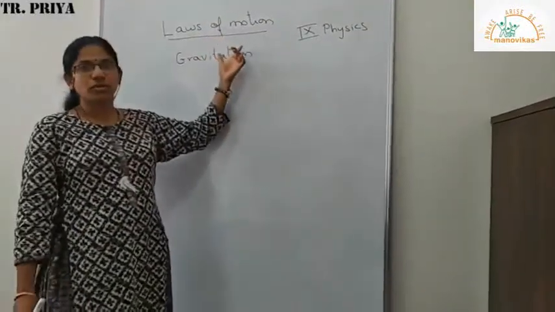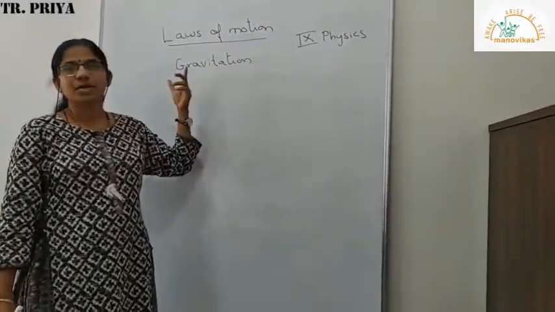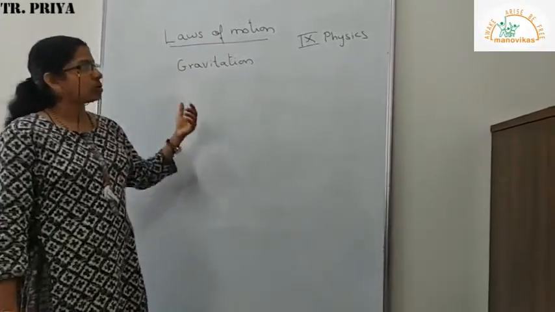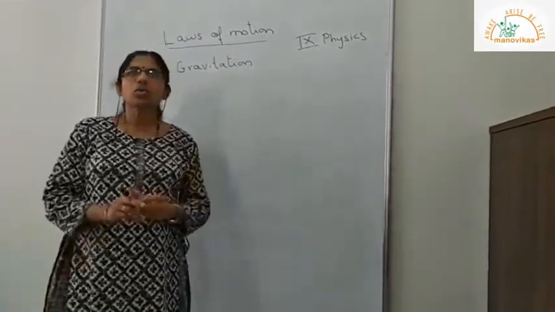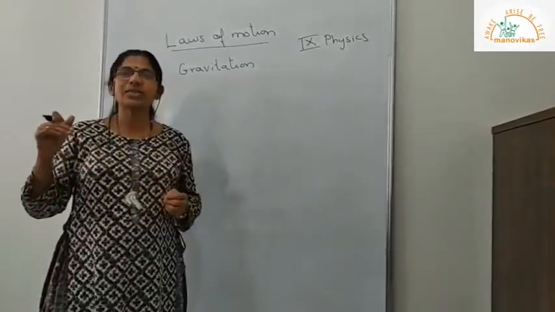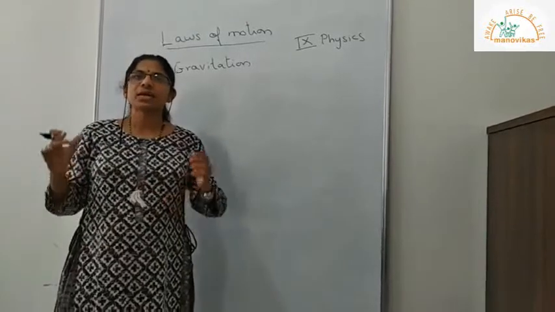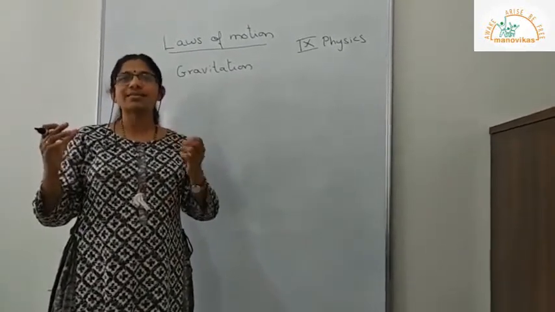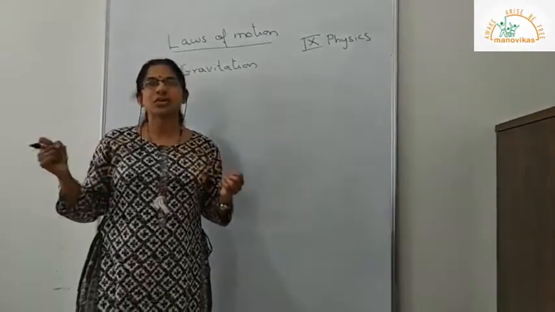Under laws of motion, today I am going to explain the last part, that is gravitation. Now, as you all know, in the universe, in fact on the earth as well, two objects exert a force of attraction on each other.